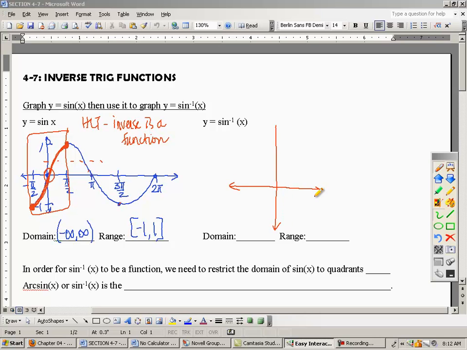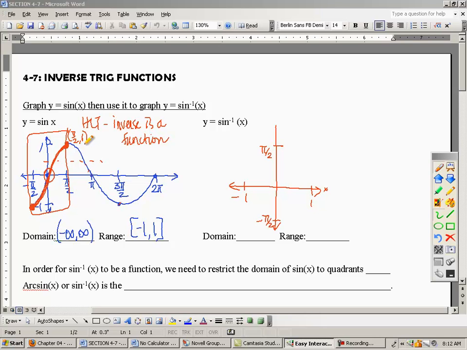As I look at it, our y values are going to become our x values. So we now go from -1 to +1 on our x's. And our y values then were the x values, and we go now from -pi over 2 to pi over 2. And so I'm going to plot these points in the other order. So this was like pi over 2, 1.